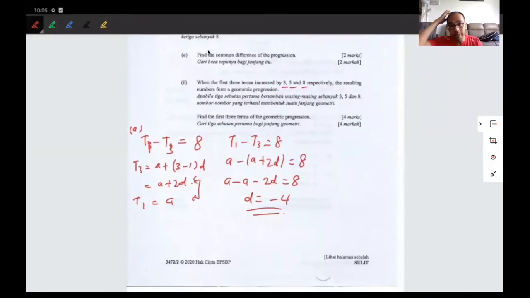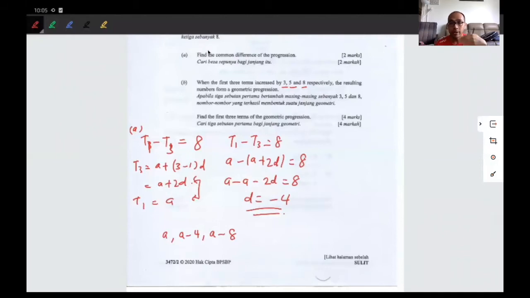Since we have the D, we don't know what A is, but we know that the first term is A, the second term is A minus 4, the third term is A minus 8. Minus 4, minus 4.